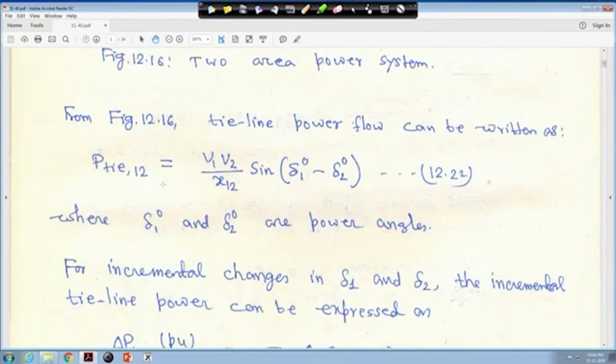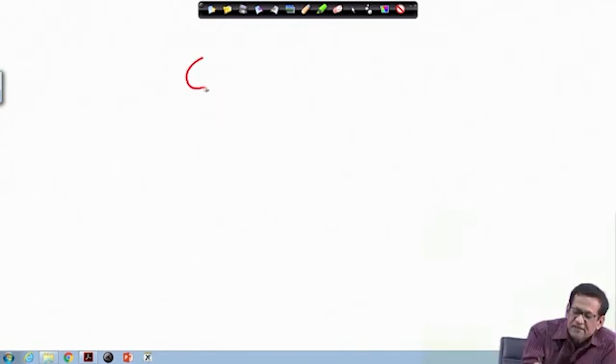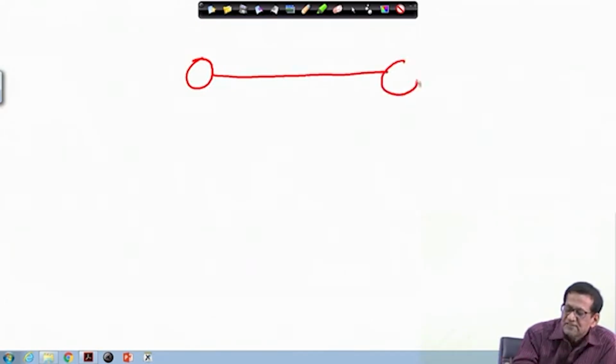So, this P tie 1 2 actually has 0 as a superscript, I have given. So, it is given now, due to some disturbance your things have changed. Suppose this is my area 1, and this is my area 2.